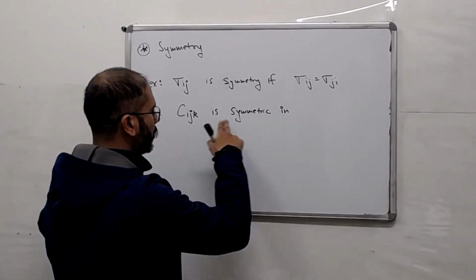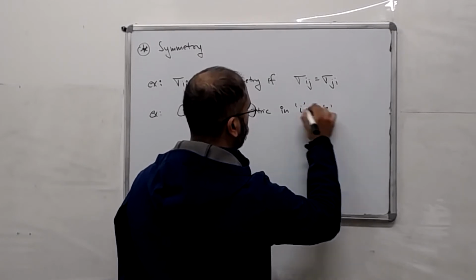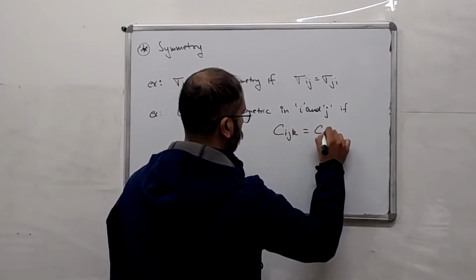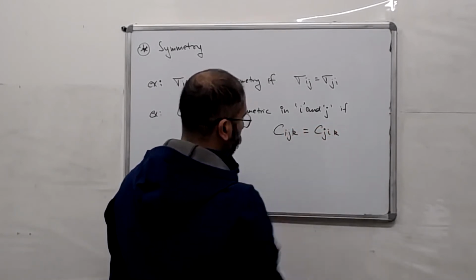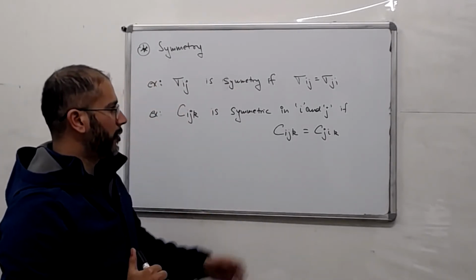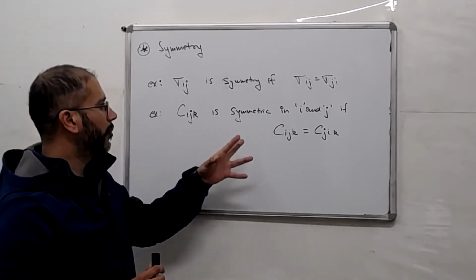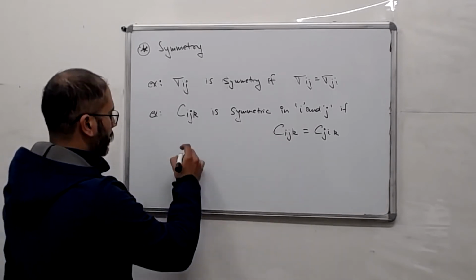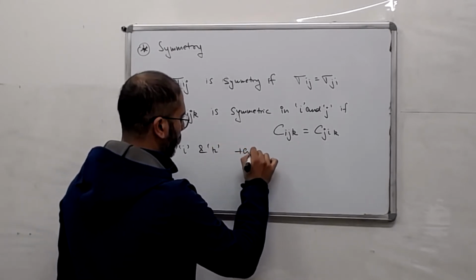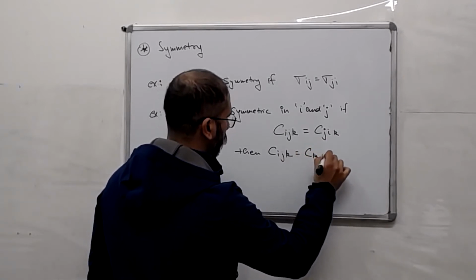So we say Cijk is symmetric in i and j if Cijk is the same as Cjik. k stays as it is and we swap i and j and make them equal. So that's saying that Cijk is symmetric in i and j. Now the symmetry for this Cijk can again be in i and k. So the symmetry is in i and k. Then you'll have Cijk as Ckji.